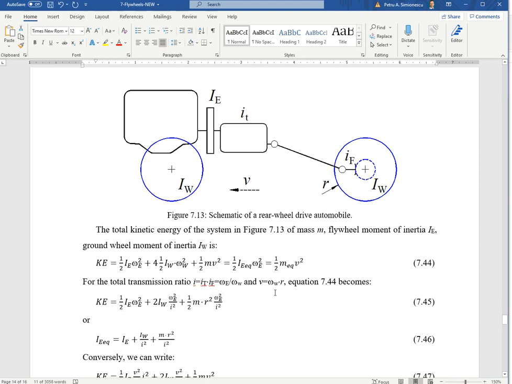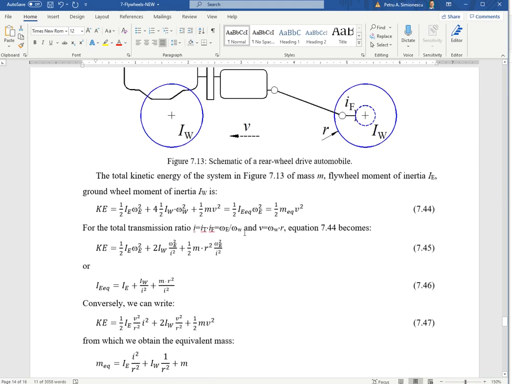Okay, so with these findings, we have the equivalent kinetic energy as the moment of inertia of the flywheel and the crankshaft plus the moment of inertia of the wheels.